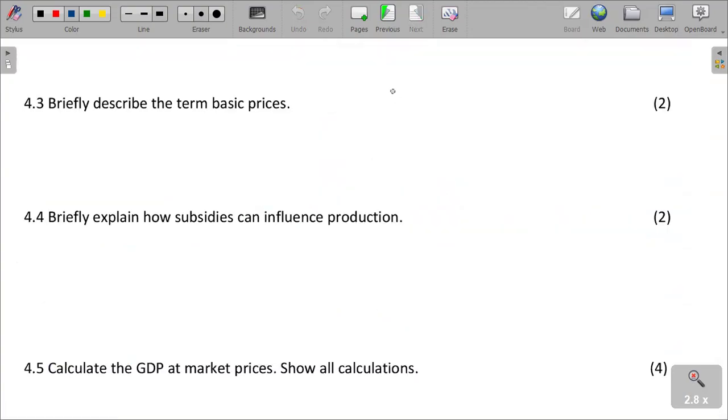Briefly describe the term basic prices. What are basic prices? What producers actually earn from their goods is what we call basic prices.